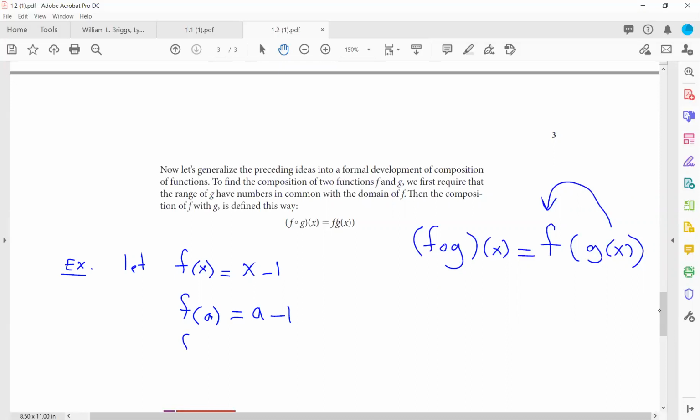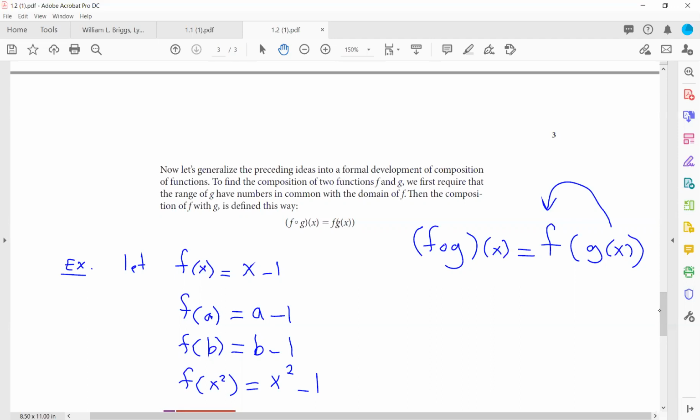What if I ask you to find f of b? Wherever you see x, we just plug in b. What if I ask you to find f of x squared? It means that wherever you see x, you just write x squared. Here you have x; instead of x, you write x squared minus 1.